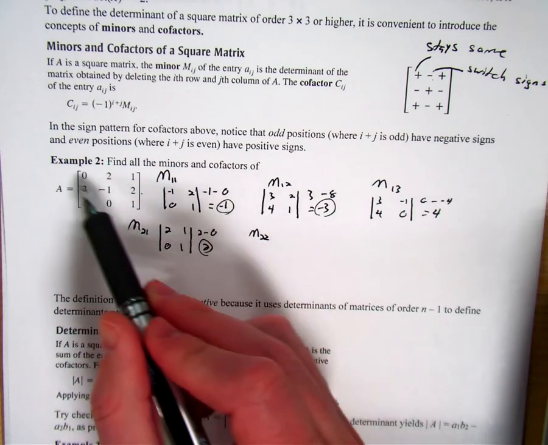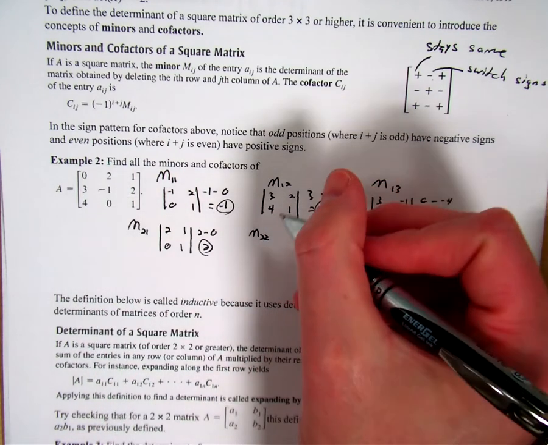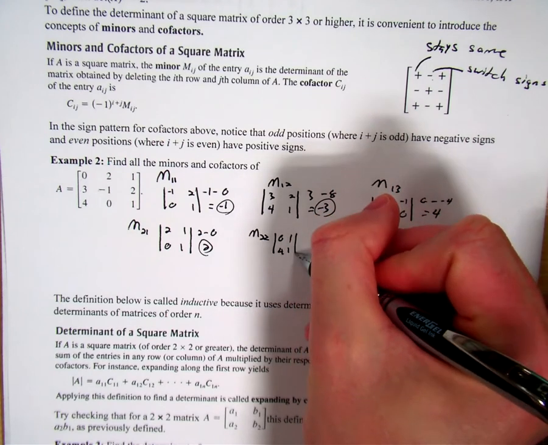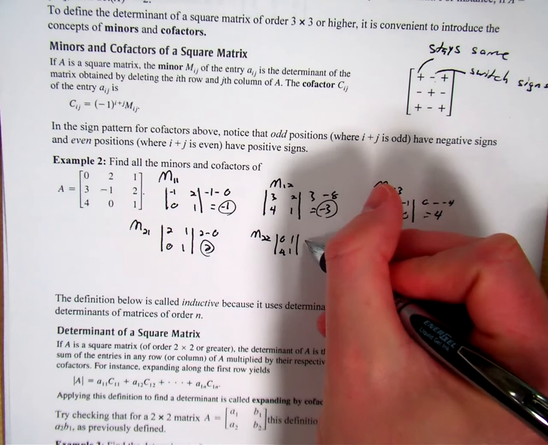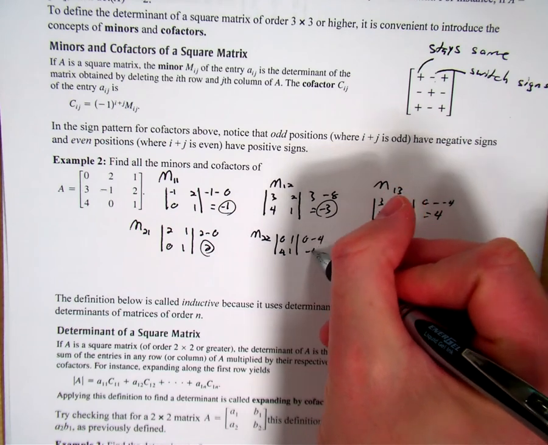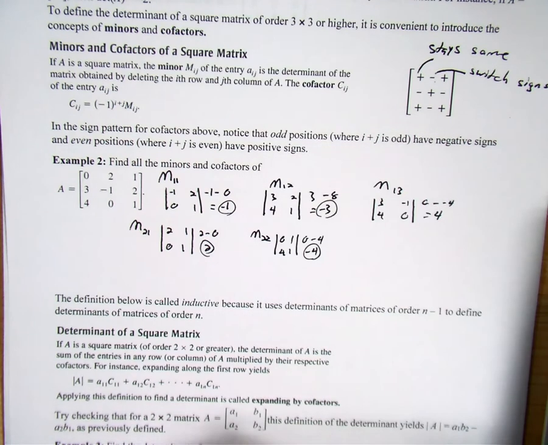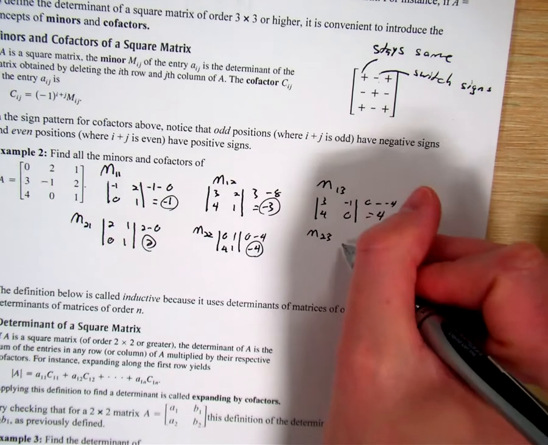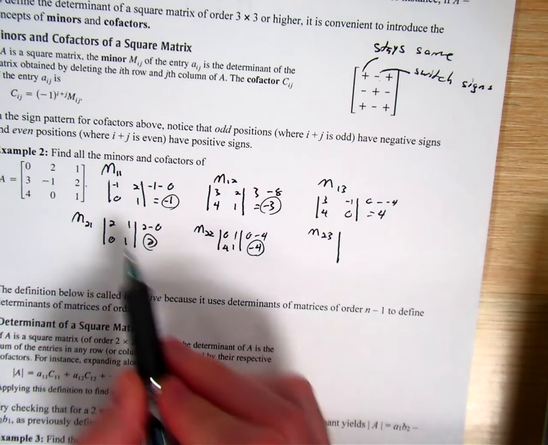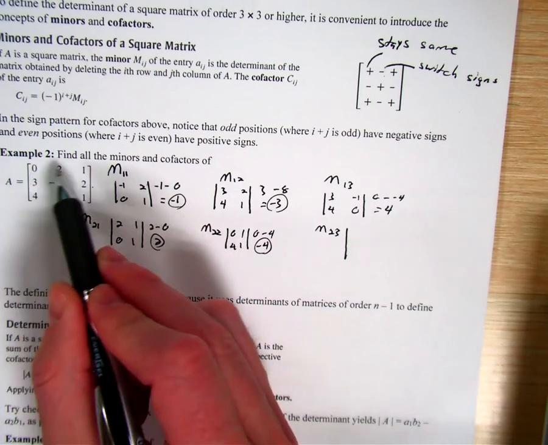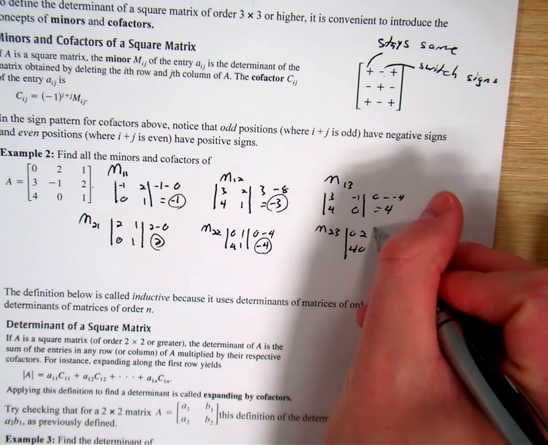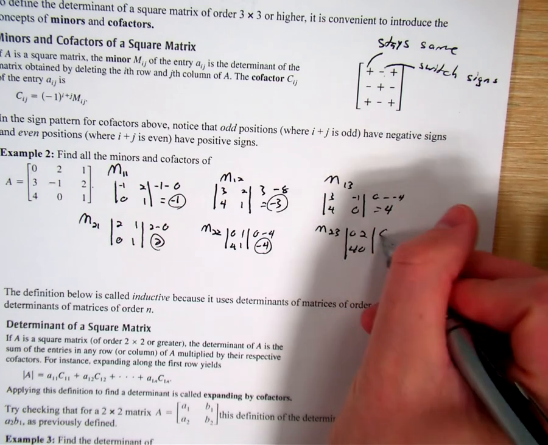We got 0, 1, 4, 1. So we had 0 minus 4 for a negative 4. And then M23, second row, third column. So we had 0, 2, 4, 0. So that's going to be 0 minus 8 for a negative 8.